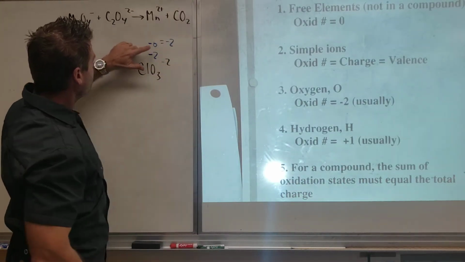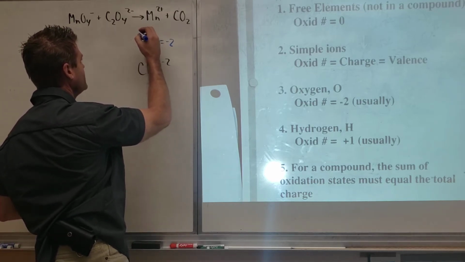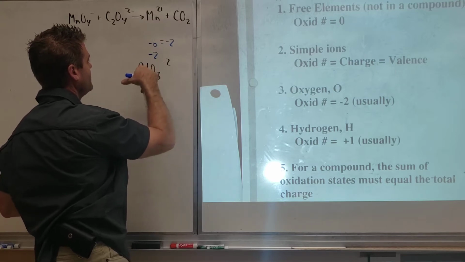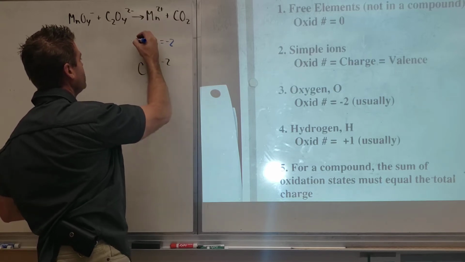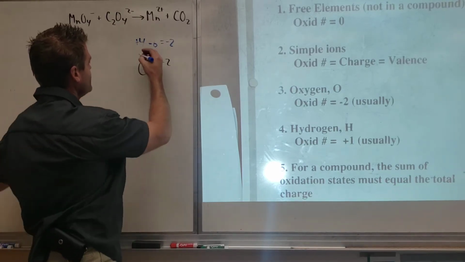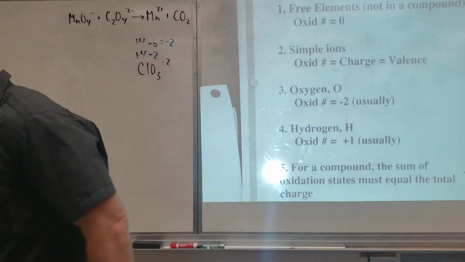So the question is, what plus -6 equals -2? You agree it would be a plus. Did I do that right? Oh yeah, it would be a +4. So what is the oxidation number of chlorine here? It is a +4.